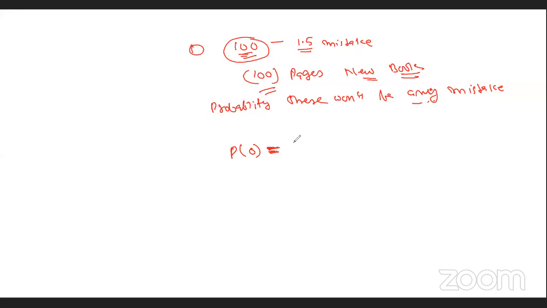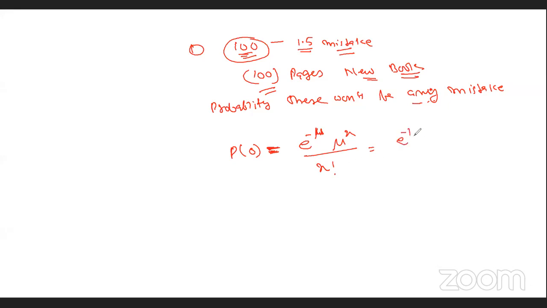Now, if I try to fit this into the Poisson distribution formula, it says e to the power minus mu, multiplied by mu to the power x, divided by x factorial. On an average, mu is nothing but 1.5, the average mistakes that we used to get in an interval, meaning 100 pages.